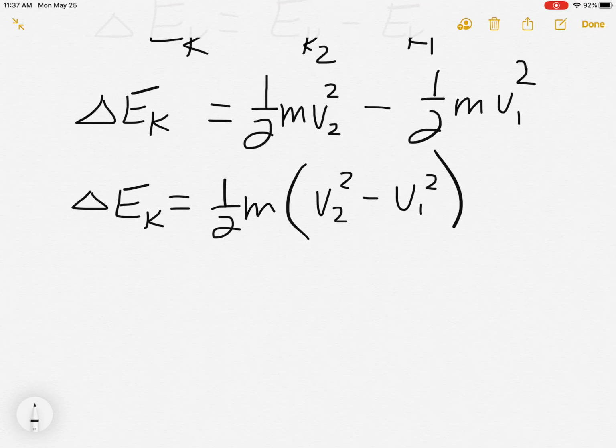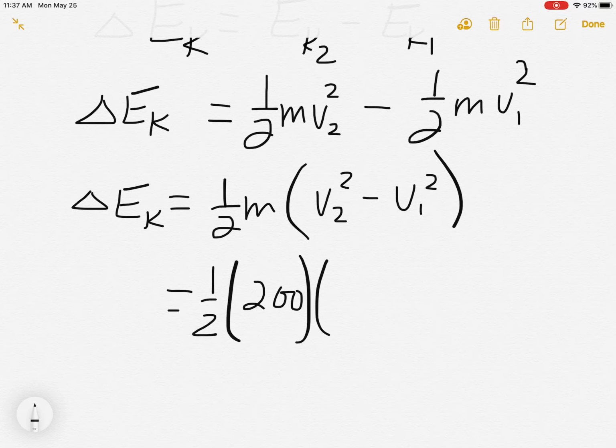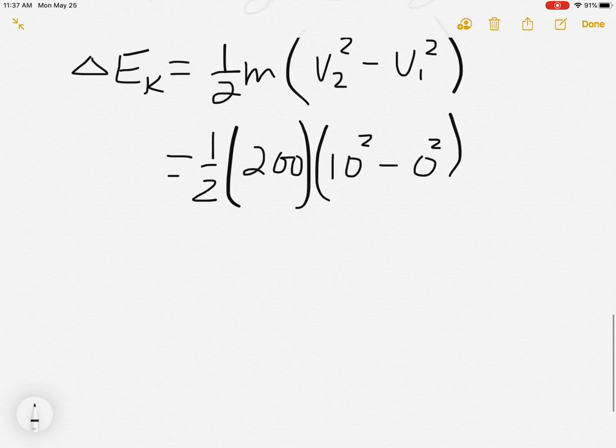Or you can just shove the numbers in up top if you want. It doesn't really matter. But when we put in our numbers, then what we get is a mass. Let's see, it was a 200, right? 200 kilograms. And then we have this V2 squared. Well, it was sped up to 10, so that's 10 squared, and from rest. So what we get is a half times 100, 200 times 100, right?